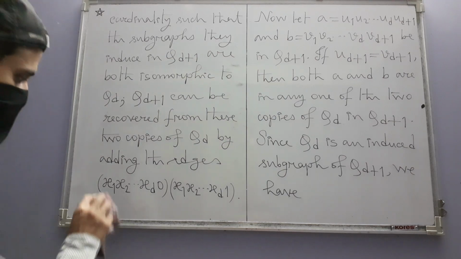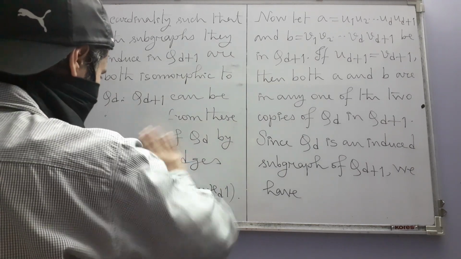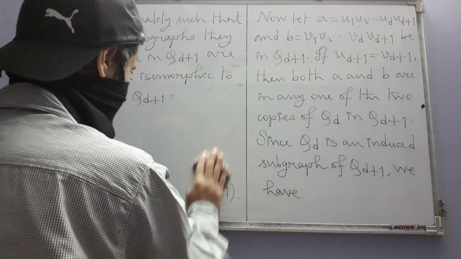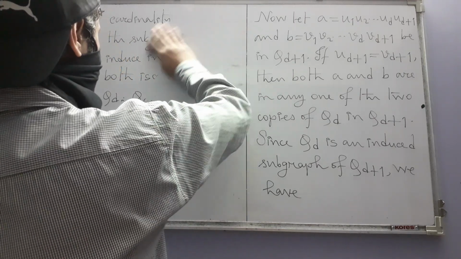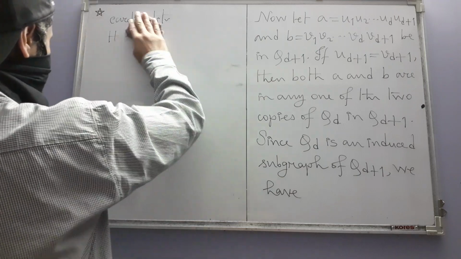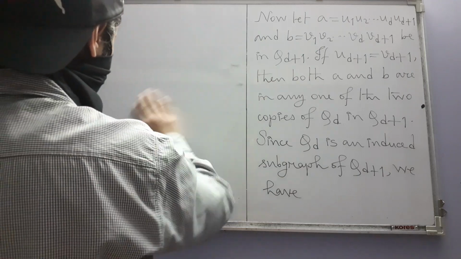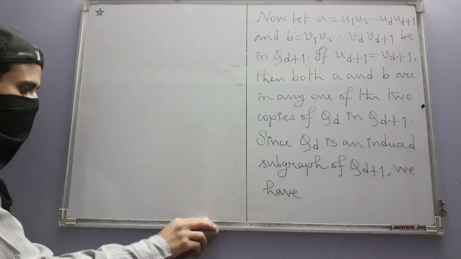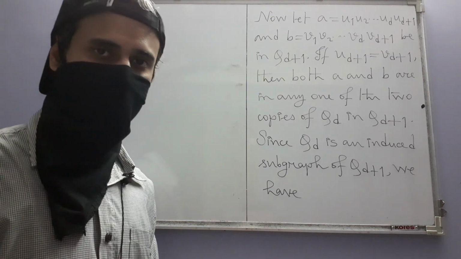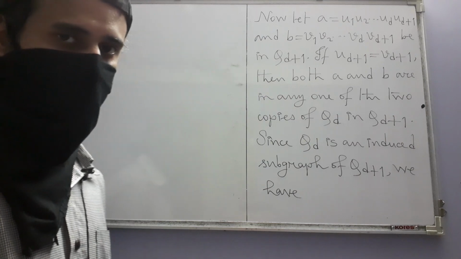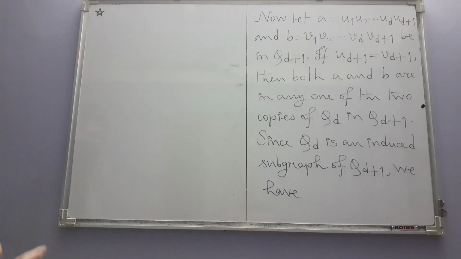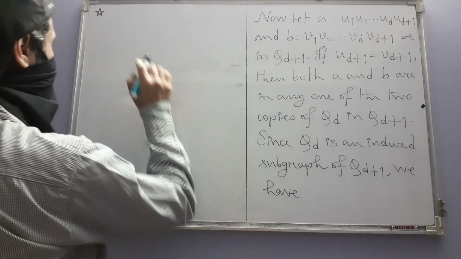So mentioning this fact that QD is induced in QD plus 1 allows us to use the fact that the distances have not changed when we are treating QD as a single graph in its own right and as a subgraph of QD plus 1. The distances between vertices, they do not change.